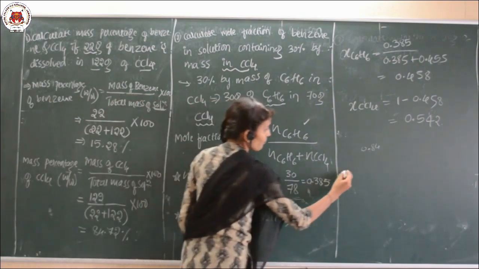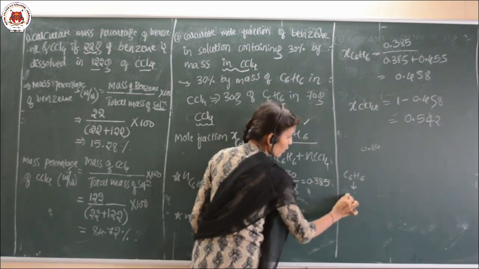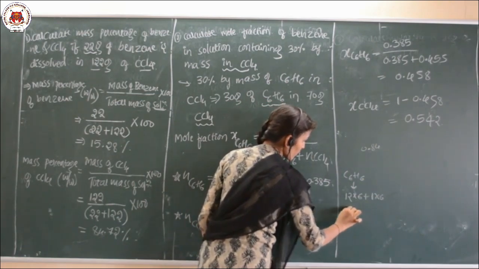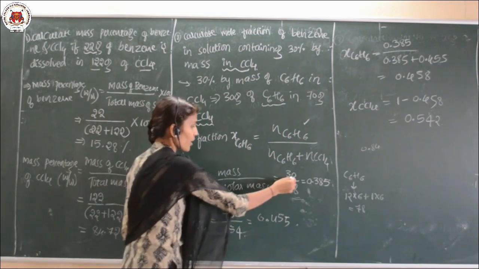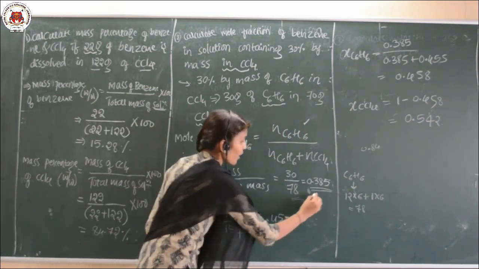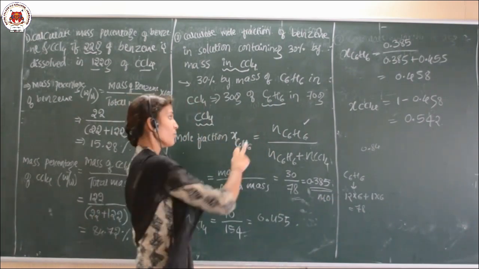See here, C6H6: 12 into 6 plus 1 into 6, you are going to get 78. So 30 divided by 78, you are going to get 0.385 mole. So this is the number of moles of the benzene.